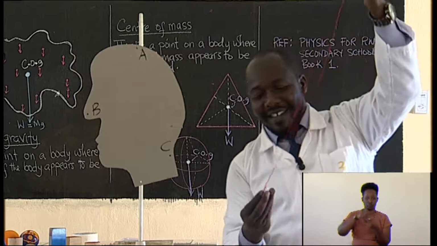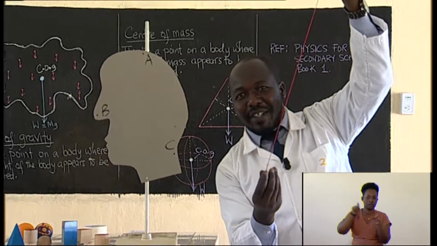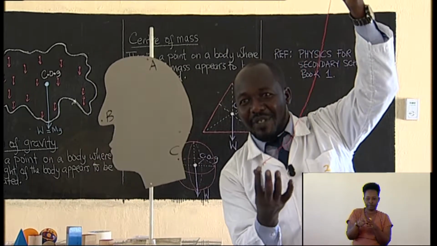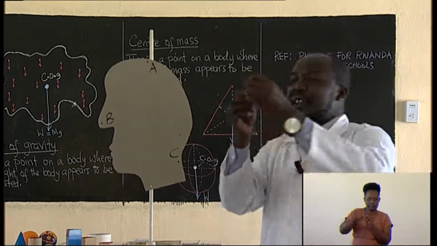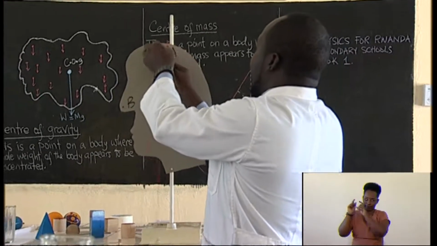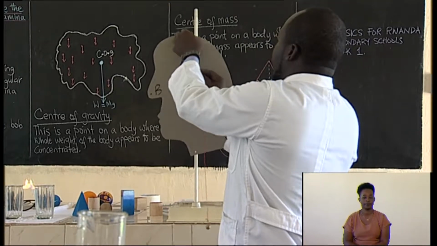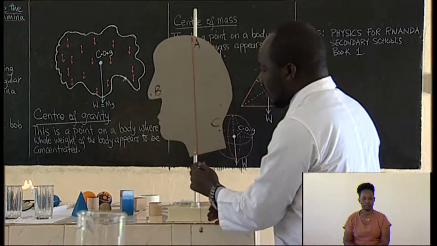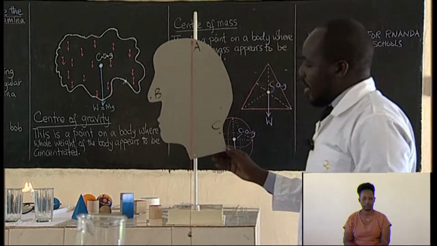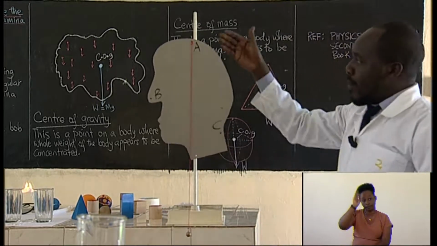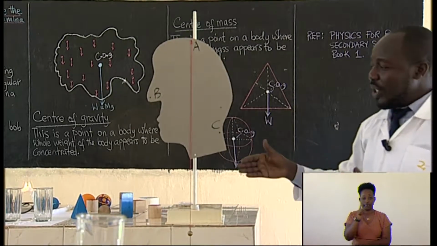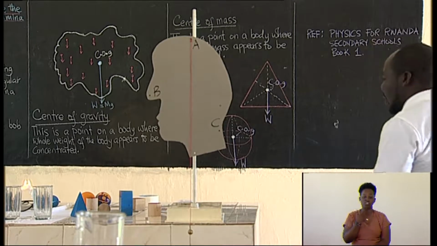A plumb line has a pendulum bob, a metal sphere. You can even use anything which is heavy. Then connect it to a string. So I'm going to connect it right there, like this. So put it there.